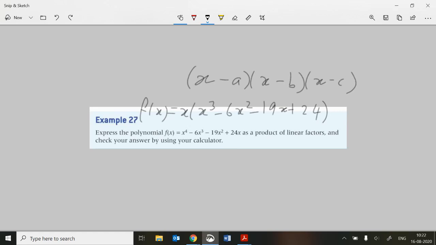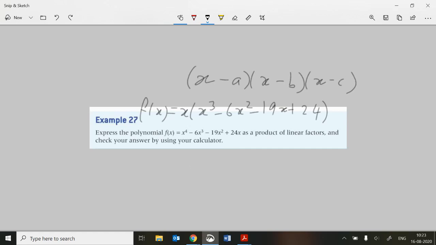Okay, so it means to say that a, b, and c could be any combination of factors of 24, which multiply together to give you 24. For example, it could be, I don't know, minus 1, and let's go minus 2 and 12. Now we're hoping that these are all real solutions as well, not complex ones.